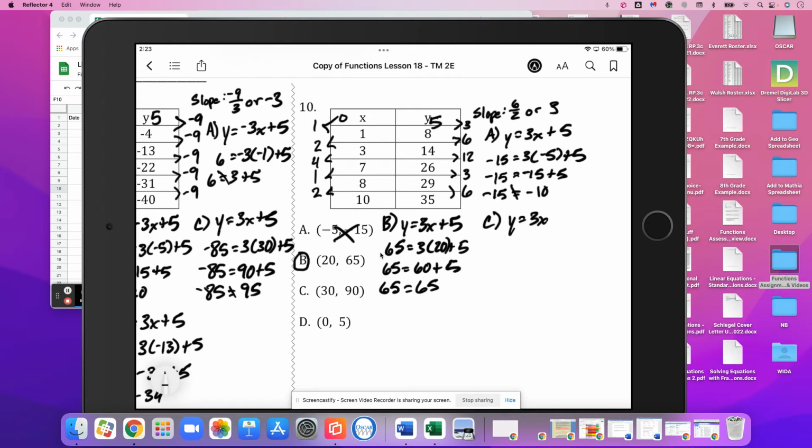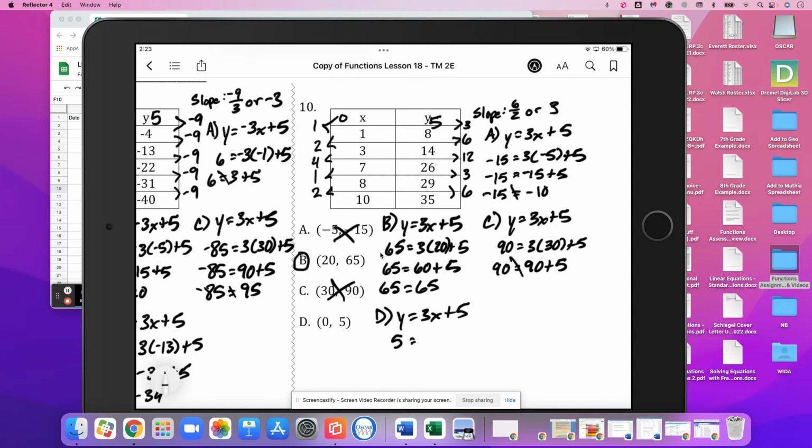y equals 3x plus 5. So we've got 90 is equal to 3 times 30 plus 5. 90 is equal to 90 plus 5. The answer is no. 90 is not equal to 95. And lastly, D, y equals 3x plus 5.